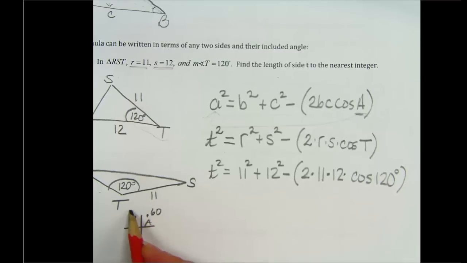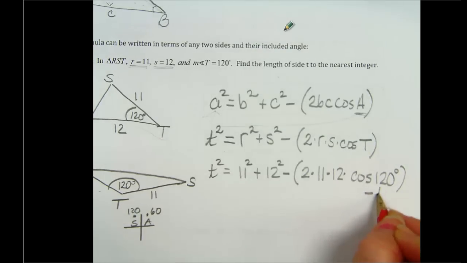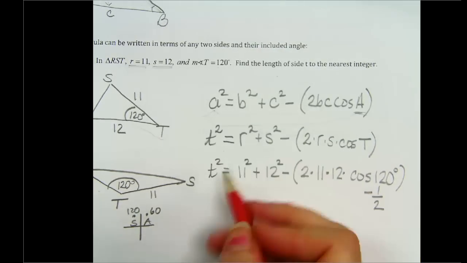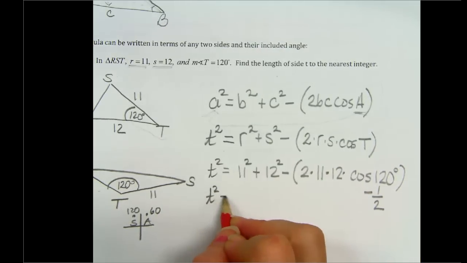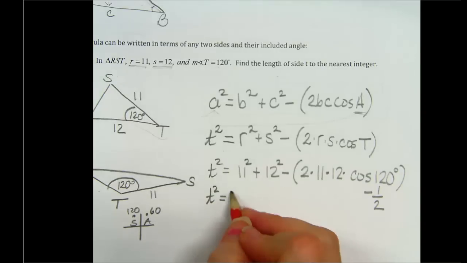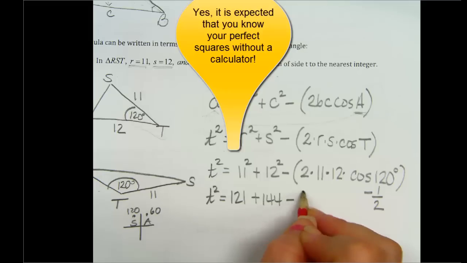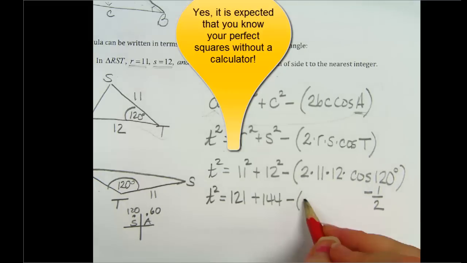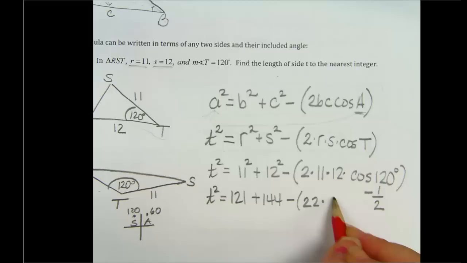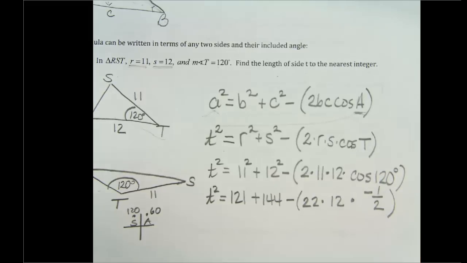Cosine is negative. So the cosine of 120 degrees is negative 1/2. And so we can do this math from here without our Inspire. 11 squared is 121, 12 squared is 144, minus 2 times 11 is 22 times 12 times negative 1/2.